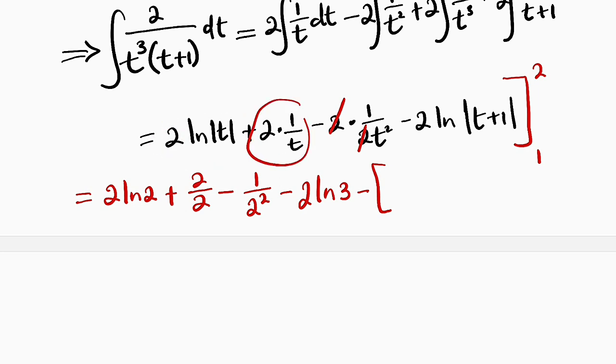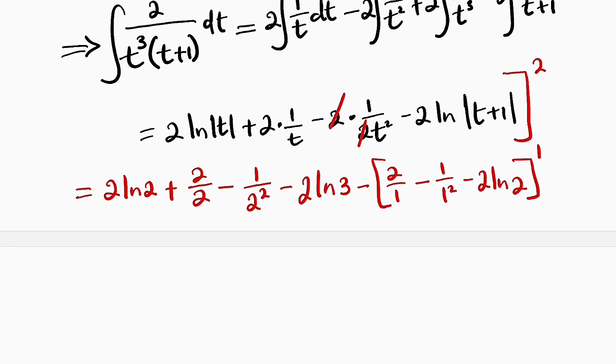Then here we have 2 divided by t, but t is 1, so we have 2 divided by 1. Then here we have minus 1 divided by 1 squared. Minus 2 times natural log of 1 plus 1, which is 2.